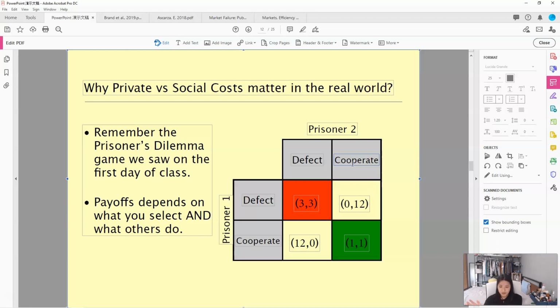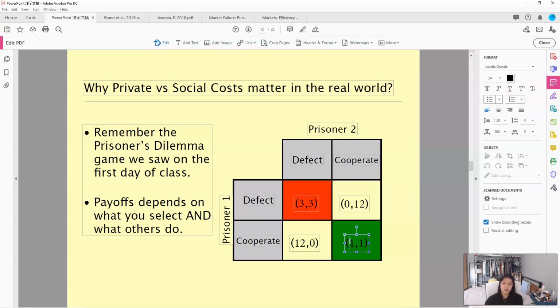So at that point, the social net benefit would be a 6-month sentence. But if they can communicate, if they were not separated into 2 rooms, they can choose to cooperate with each other. Then the sum of the sentences would be just 2 months. However, they can't.